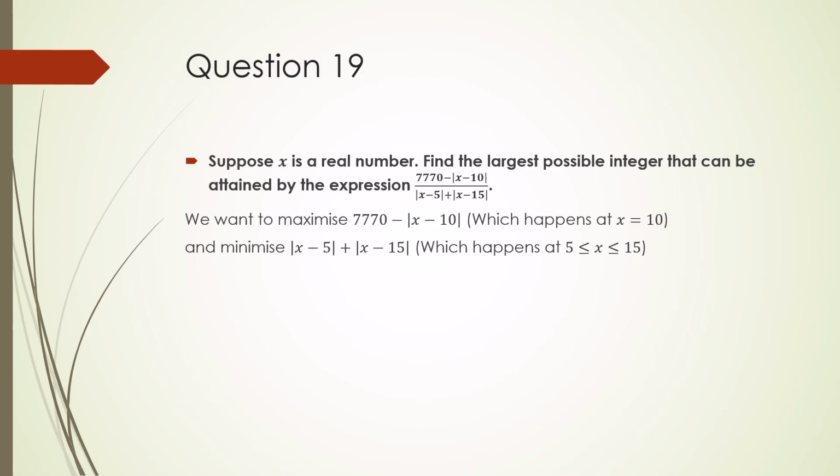So obviously, if you want to maximize the numerator and minimize the denominator, we just pick the value of x at 10. So therefore, we just substitute x equals 10 in, and the expression will simplify to 7,770 over 10, which is just 777.